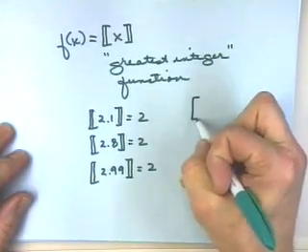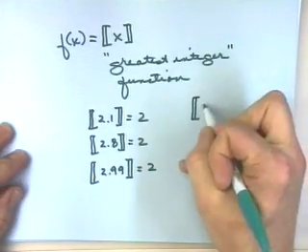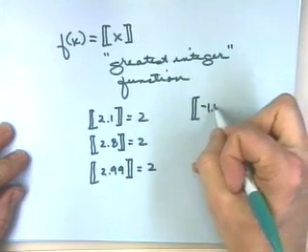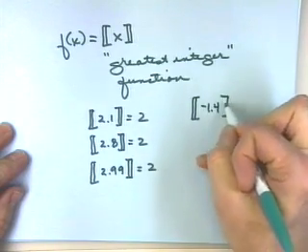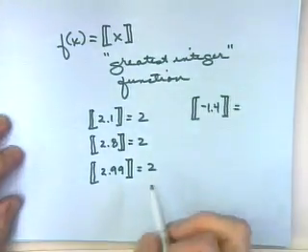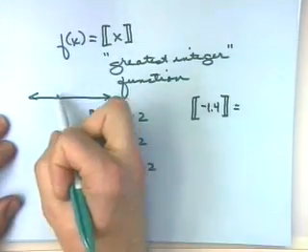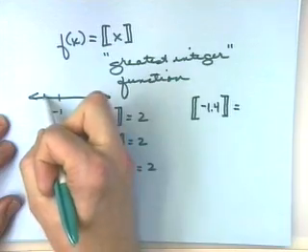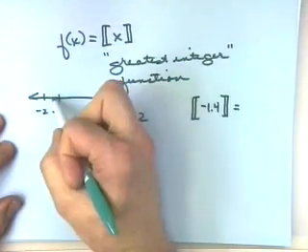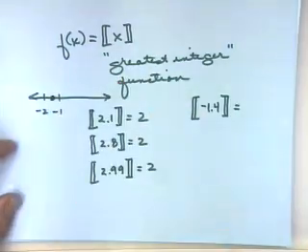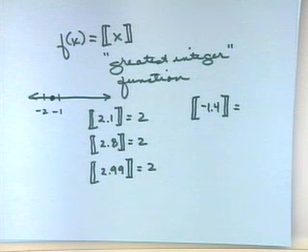This is a little awkward when you work with negatives. Now think of where we are on the number line. So here's where we are: negative 1.4. What's the greatest integer that's in negative 1.4?